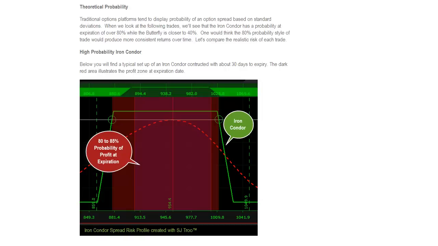So that's how this trade is constructed. I believe I did it with a 10-point spread on either side, and I sold around the 10 delta. This is taken from our software, SJ True, but if you build this in whatever software you're using, you'll see that it's somewhere around that range.